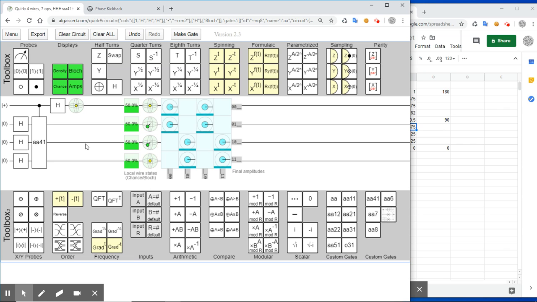Okay, wait a second. I think I know where this is going. So amplitude amplification is two things. It's the oracle and Grover, and it's the oracle and the amplitude amplification.